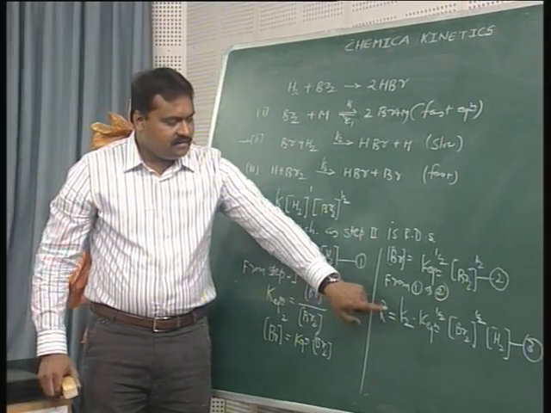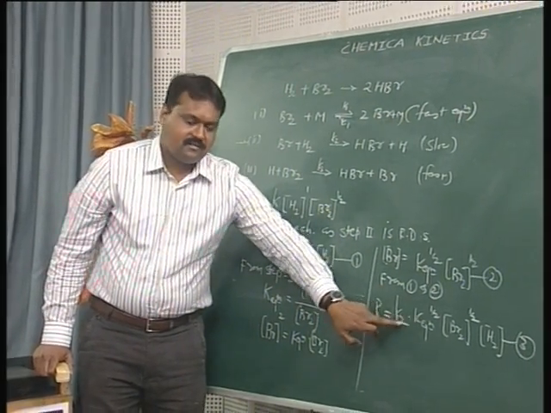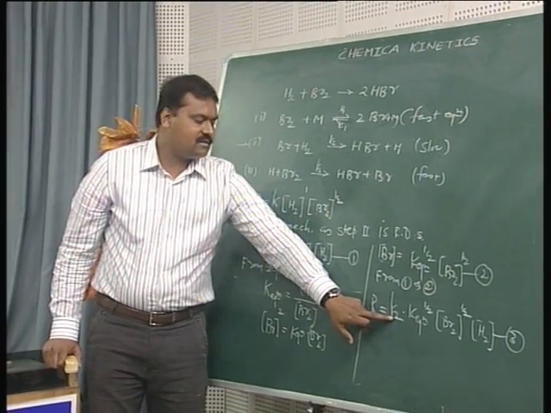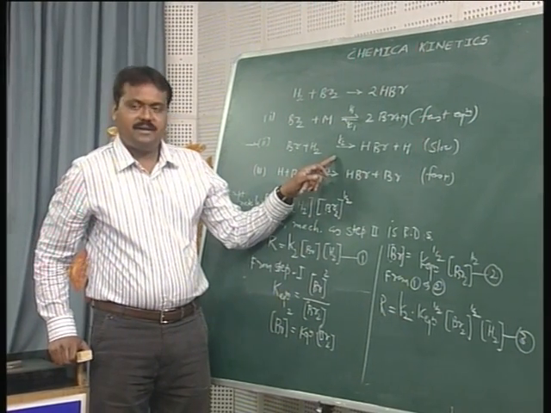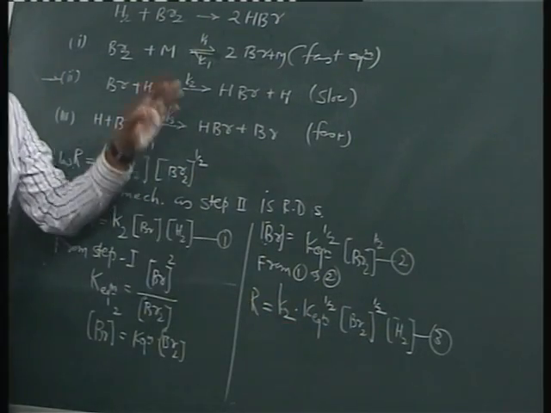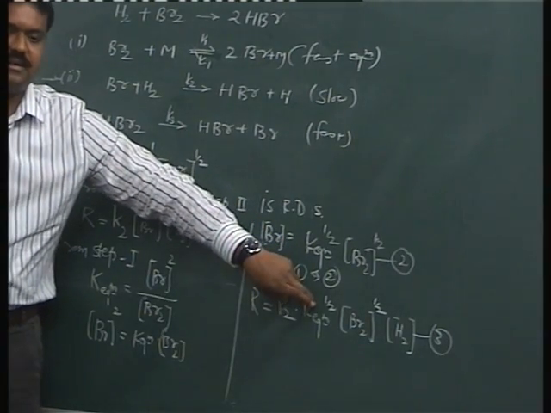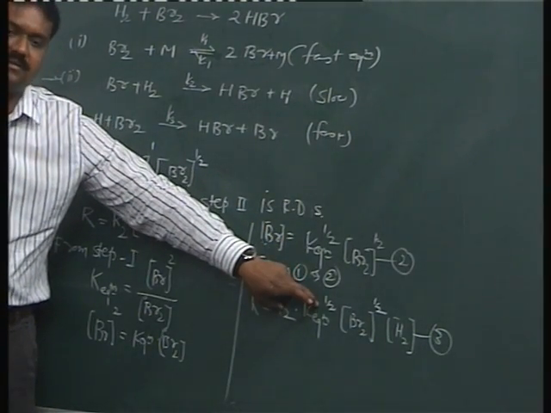Now in equation 3 two constants are there. One is the rate constant for the second step of the mechanism and another is the equilibrium constant of the first reaction. So this is an algebraic combination of two kinds of constant.